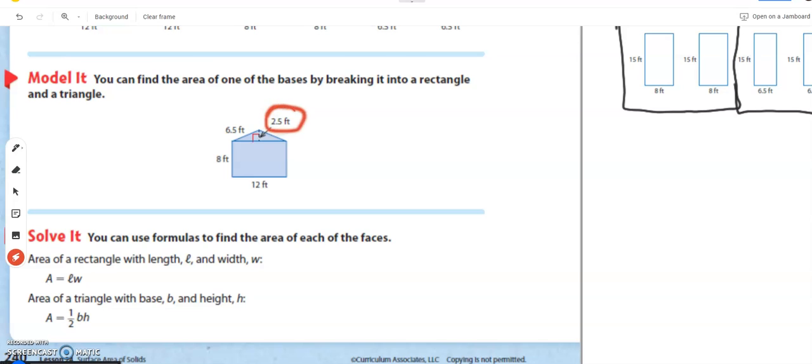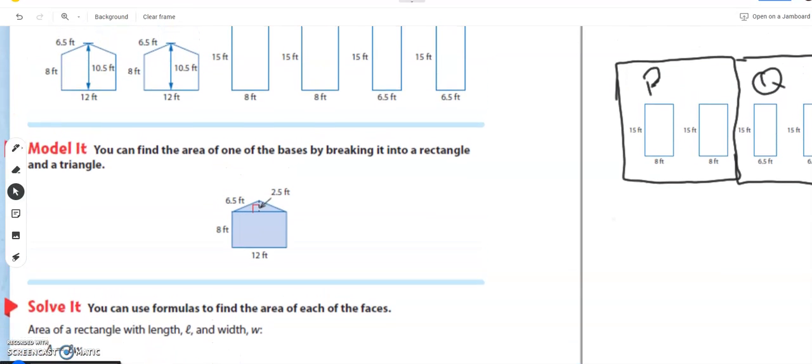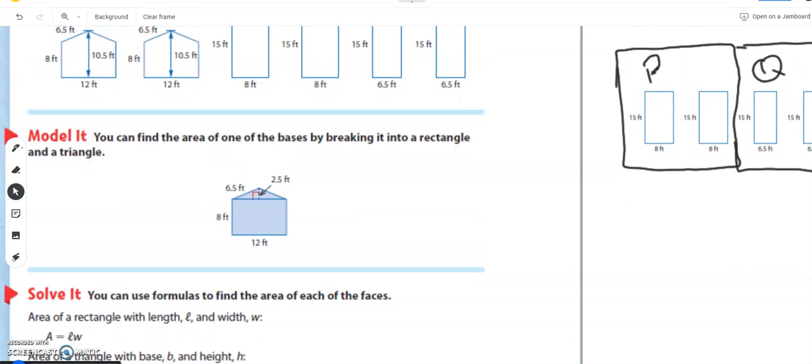And we know that this is 2.5 feet because, remember here, the height from the top of the peak down to the bottom is 10.5 feet.